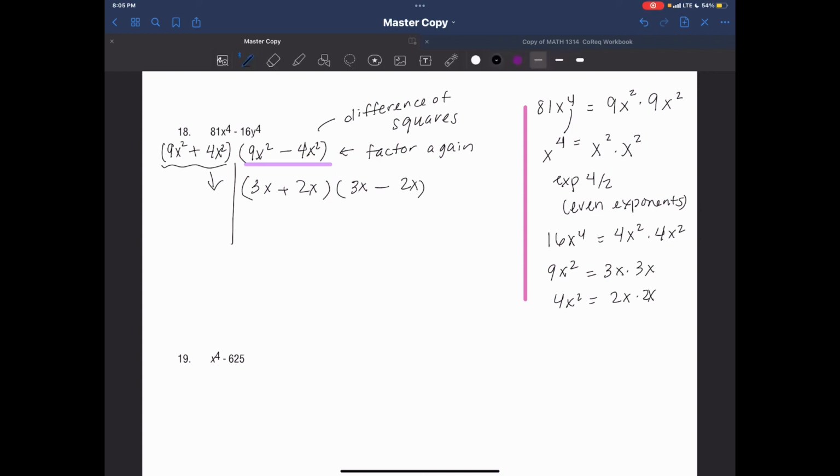So then finally, when we get our answer together, we want to bring down this factor. So our solution is going to be 9x squared plus 4x squared times 3x plus 2x times 3x minus 2x. And this is your solution.